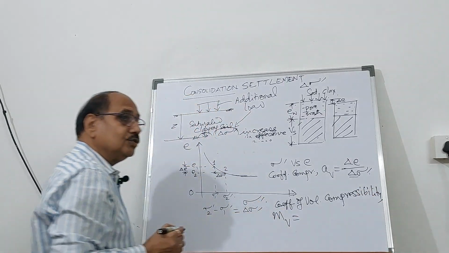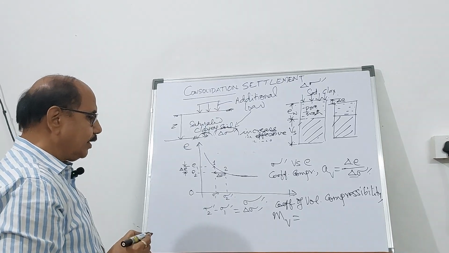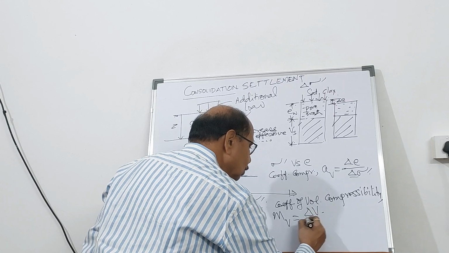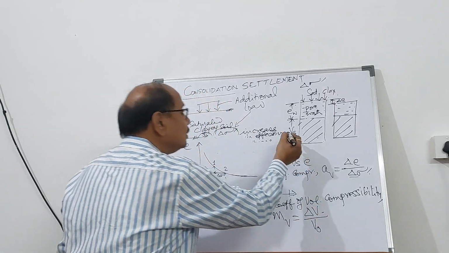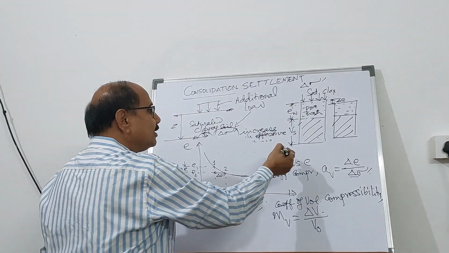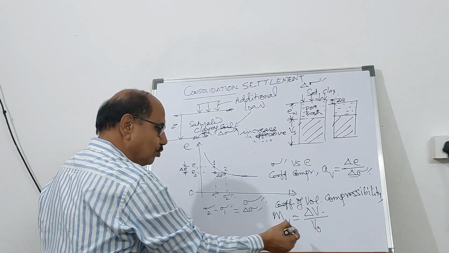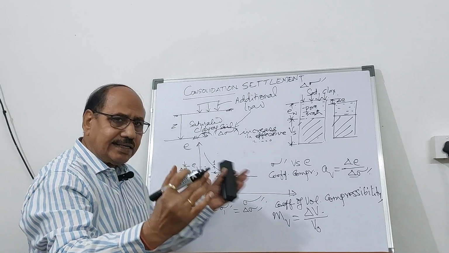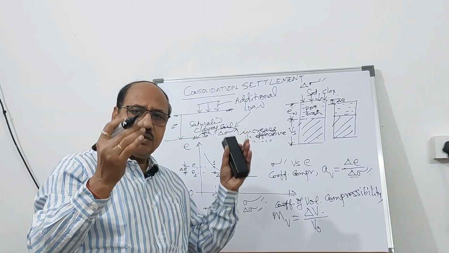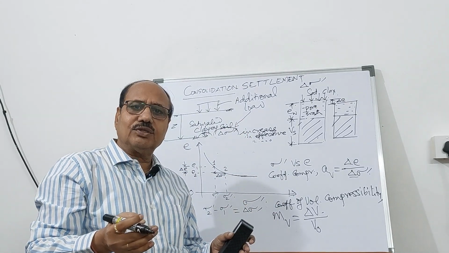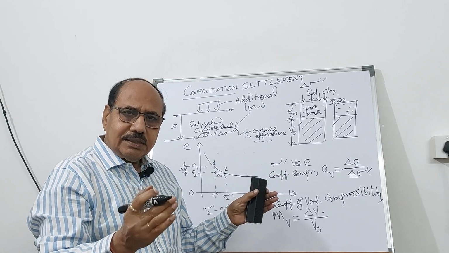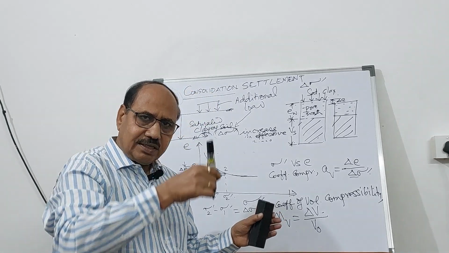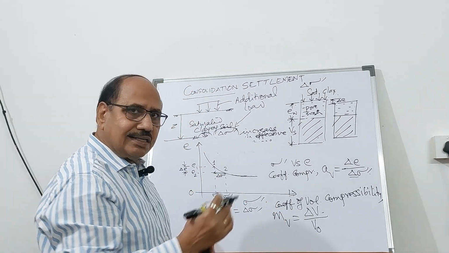MV. So MV is going to be the change in the volume upon the original volume. Say this is the soil mass. It has the original volume as V naught, and the change in the volume, if it is laterally confined, because we are going to talk about one-dimensional consolidation, the saturated clay soil mass is going to settle only in the vertical direction because it is laterally confined.